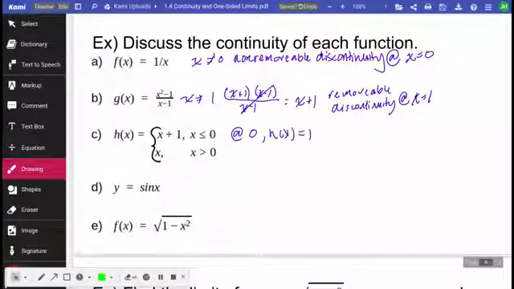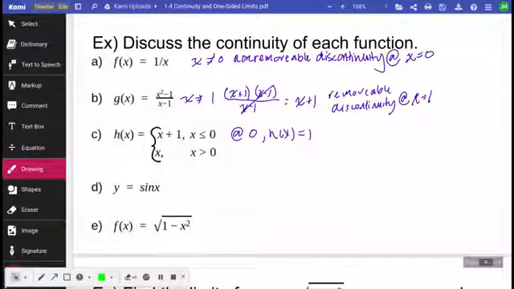And then if you think of that as x gets closer and closer and closer to 0, it's going to be certain things. And as it gets farther and farther away from 0, it is going to be something different entirely. So when you look at these piecewise functions, you have to look at the sections of it.